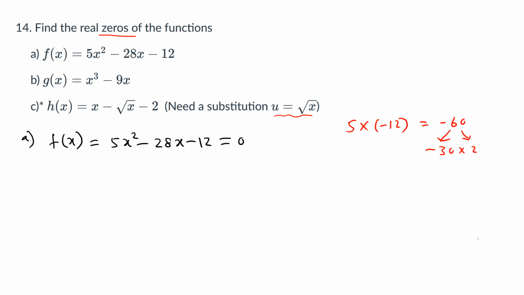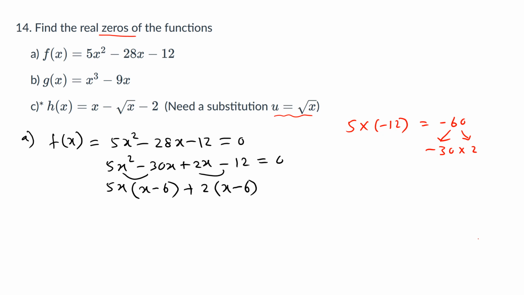Once you know those two numbers, we can say 5x squared minus 30x plus 2x minus 12 equals 0, and we're going to group them. You're going to get 5x as a factor, which is x minus 6, plus 2 as a factor, x minus 6.